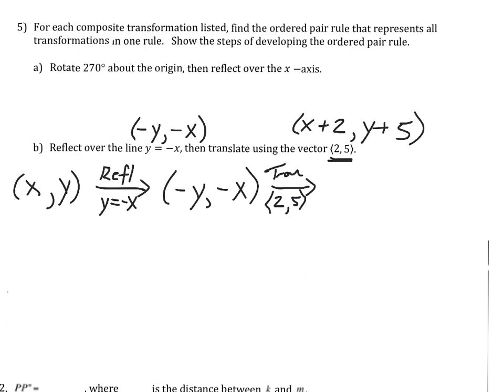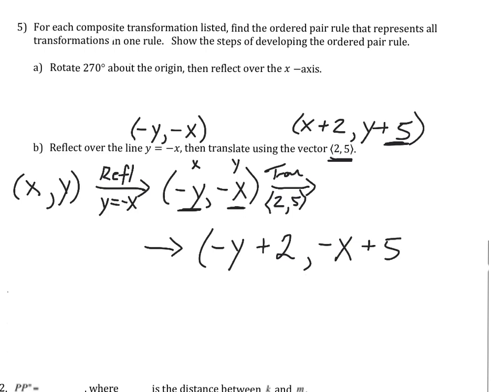All right, I'm actually going to write this one down below just so I have a little bit more space. So now remember that this is your x coordinate up front. So it's going to be negative y plus 2. And it's going to be your y coordinate here, which is negative x, and then apply the translation, plus 5.